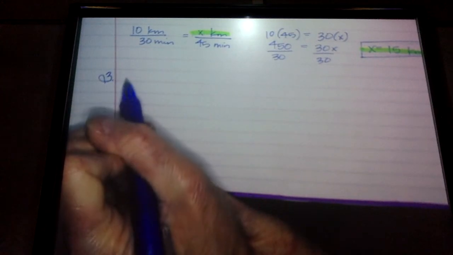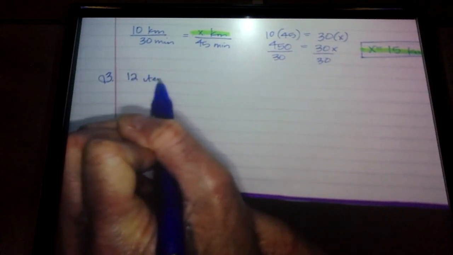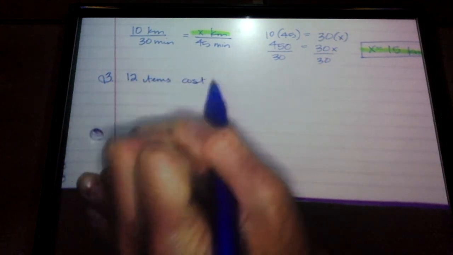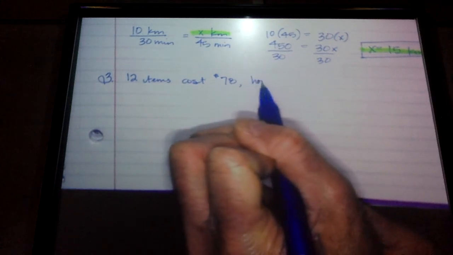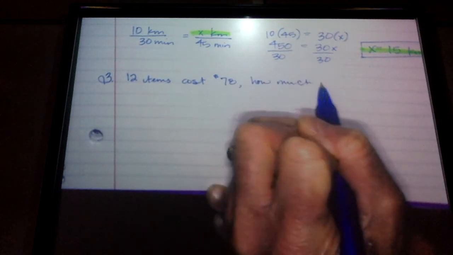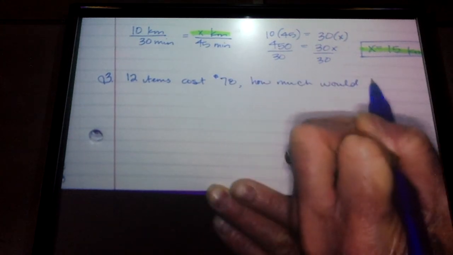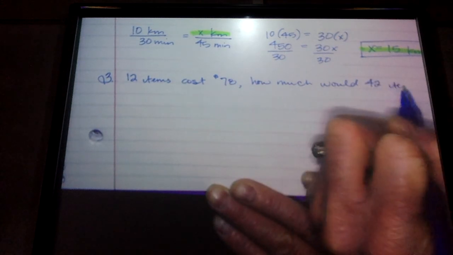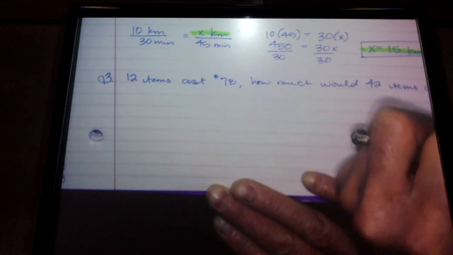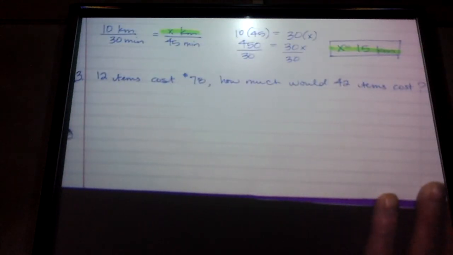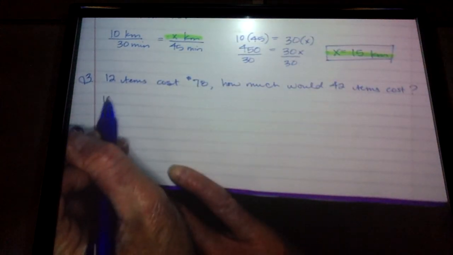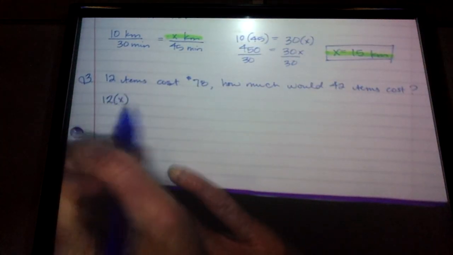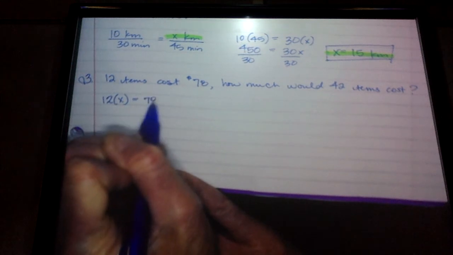Number 3, 12 items cost $78. How much would 42 items cost? Okay, so I'm going to show you kind of the mental way I would set this up. 12 items times however much they cost equal the total of $78.